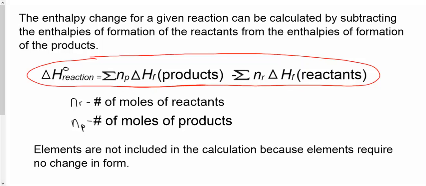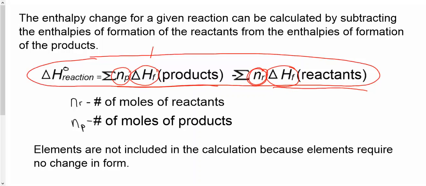So products minus reactants. What is this? NP and NR? The number of moles of products times their standard enthalpies of formation, minus the number of moles of reactants times each of their standard enthalpies of formation. The sum of the products minus the sum of the reactants.